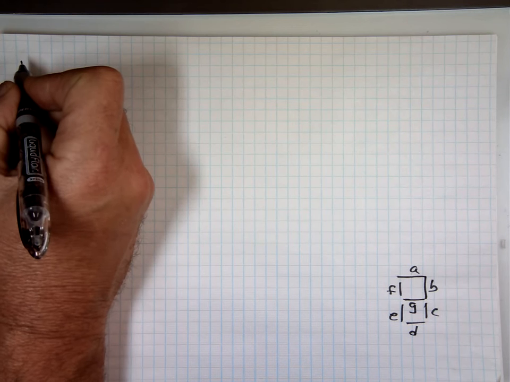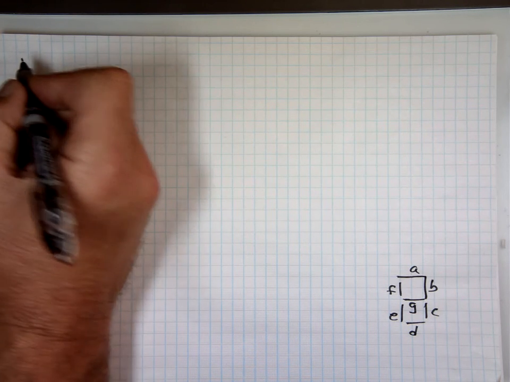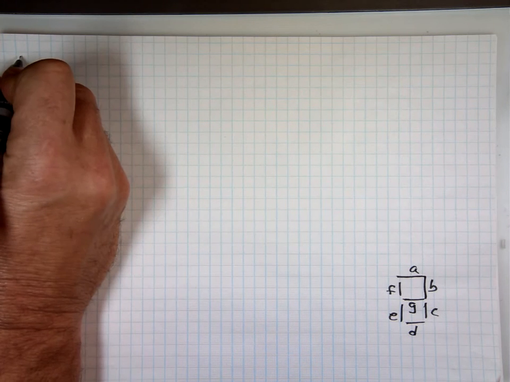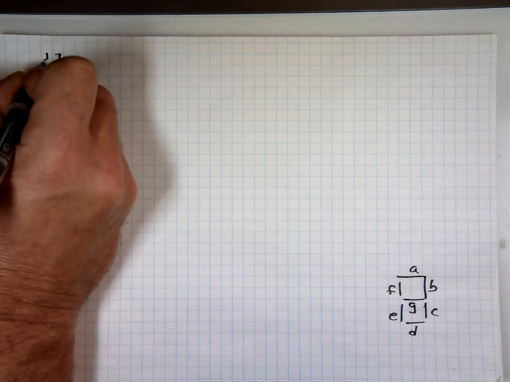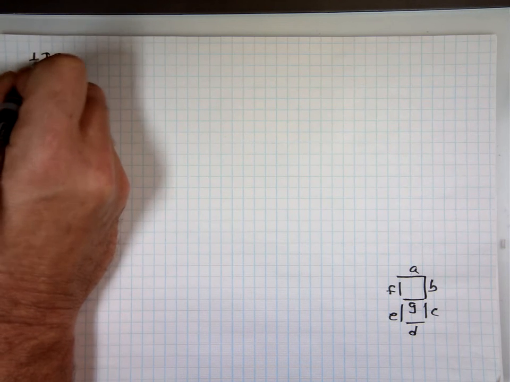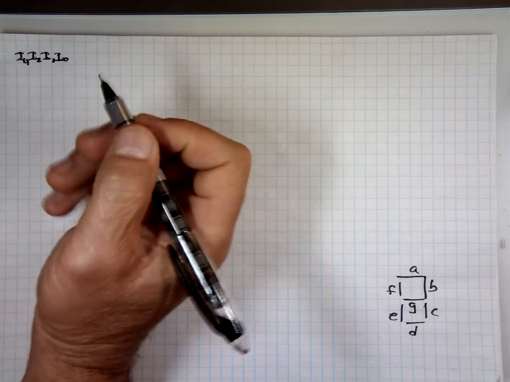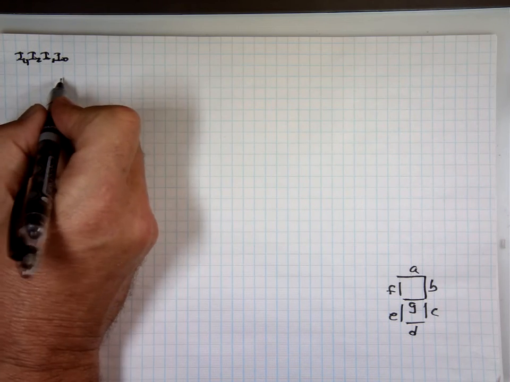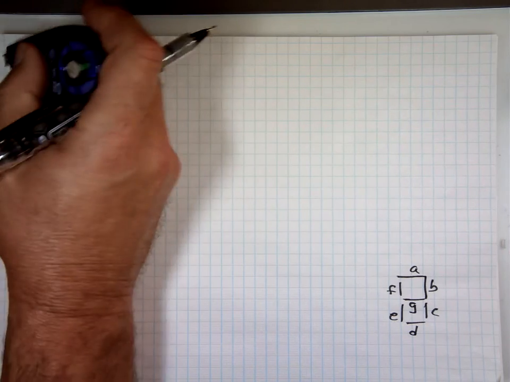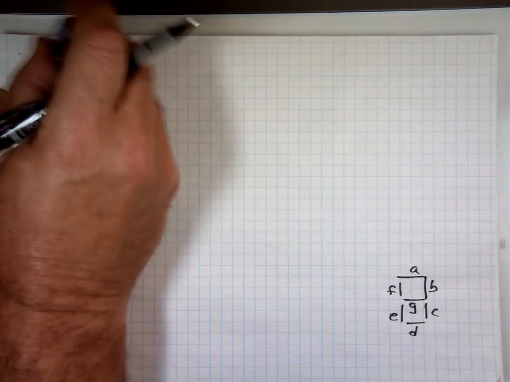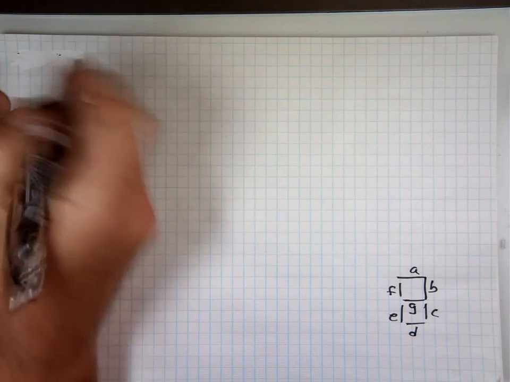A, B, C, D. So let's call the inputs what? 0, 1, 2, 3, it's 4 digits. I could use W, X, Y, and Z. That's even better. Here we go. W, X, Y, Z.